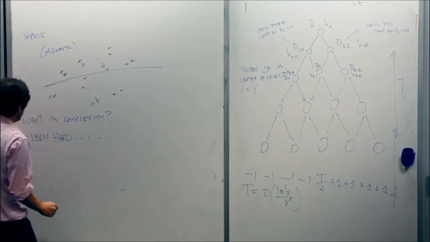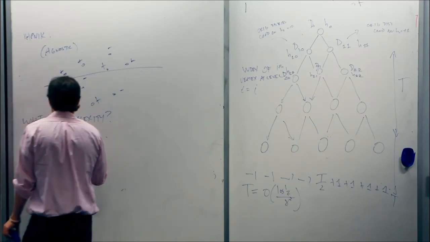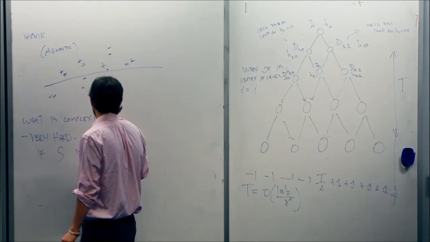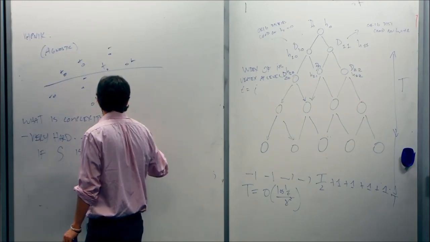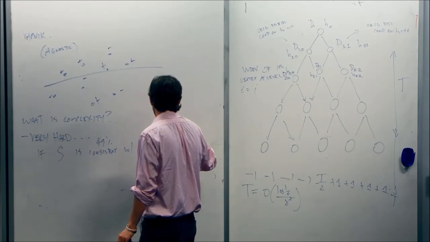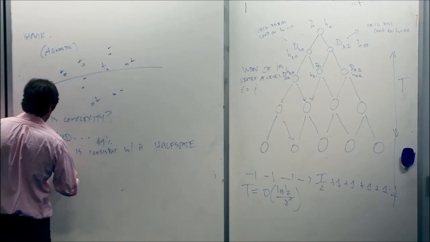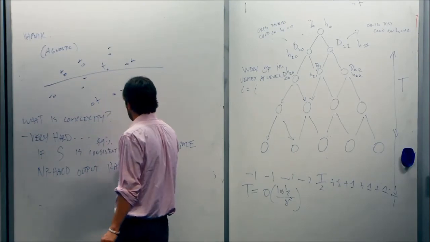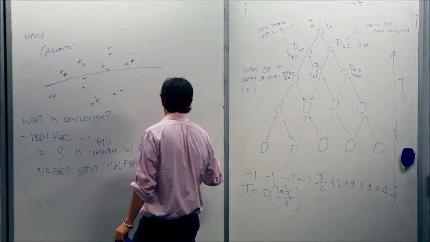Unfortunately, this is a very hard problem. So for example, even with the promise that your set of examples is 99% consistent with a half space, it is NP-hard to output a half space that is 51% consistent.